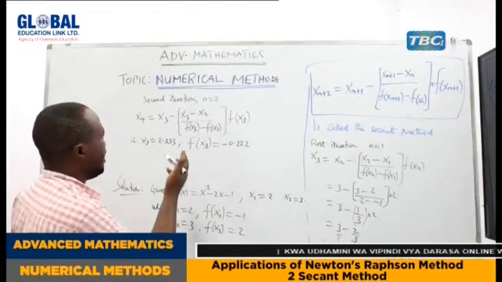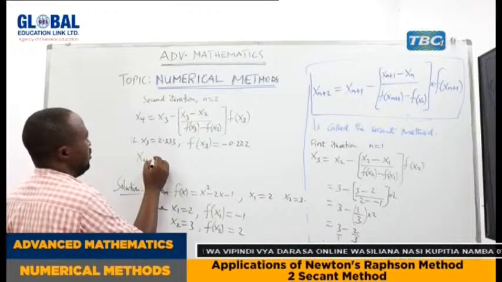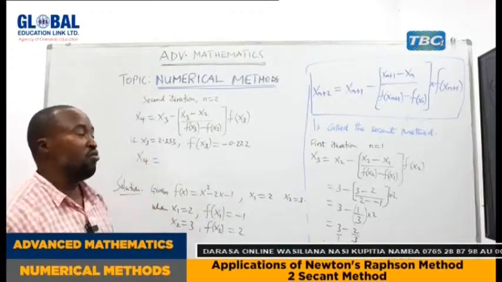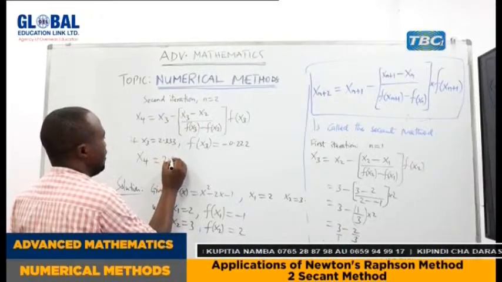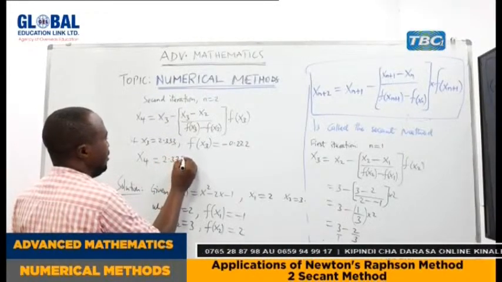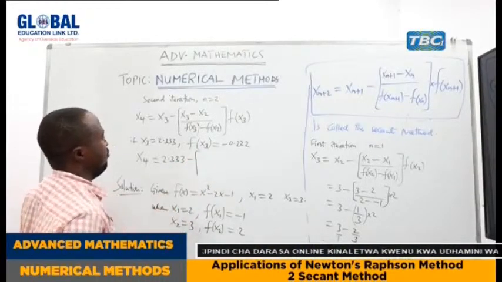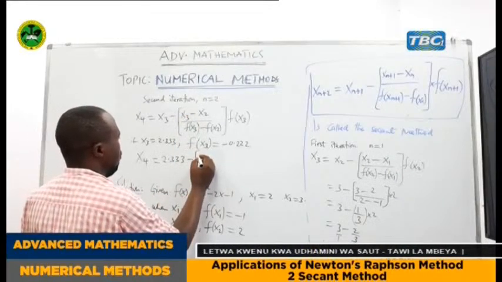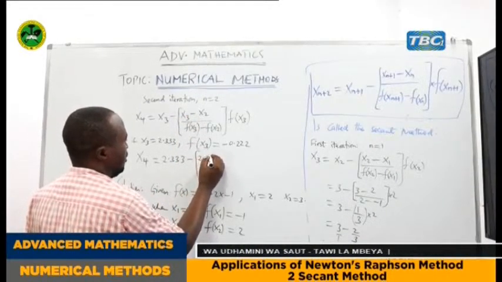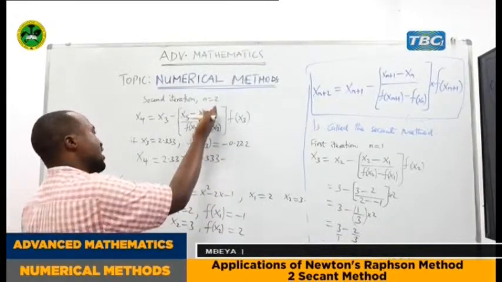So again, we substitute in our formula. So x4 will be equal to, now we have x3, which is 2.333, minus bracket of x3, again 2.333, minus x2.